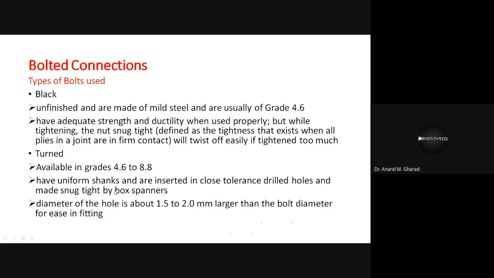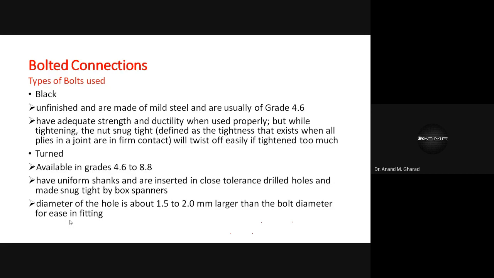They have uniform shanks and are inserted in close tolerance drilled holes and made snug tight by box spanners. So there are different techniques to tighten these types of turned bolts. Then the diameter of the hole is about 1.5 to 2 mm larger than the bolt diameter for ease in fitting.